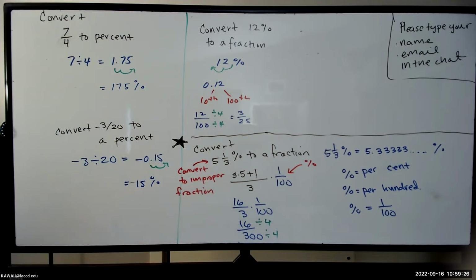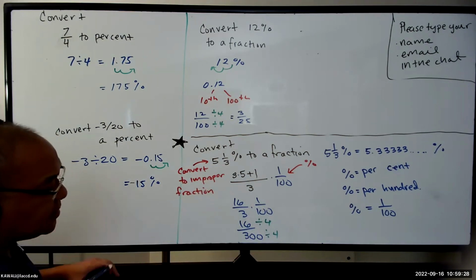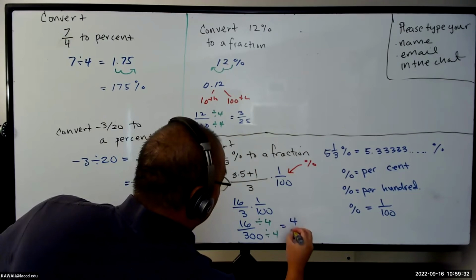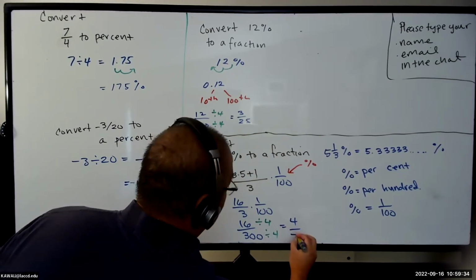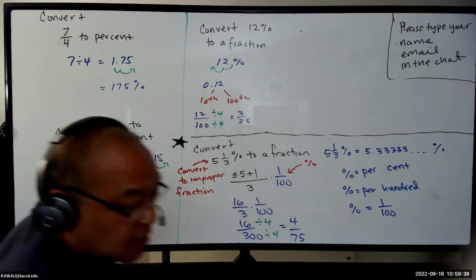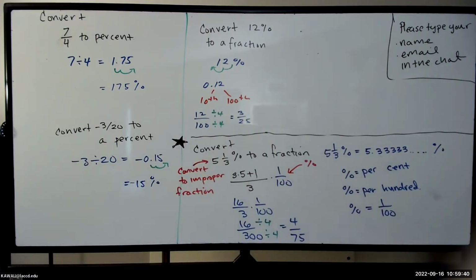Okay, give me 1 second, I'm going to answer your question. Okay. So we get 4 over 75. Give me a second, I'm going to explain that in a second. So everyone copy that first, and then let's talk about converting mixed numbers to improper fractions. And then I'll give you one of these to try.